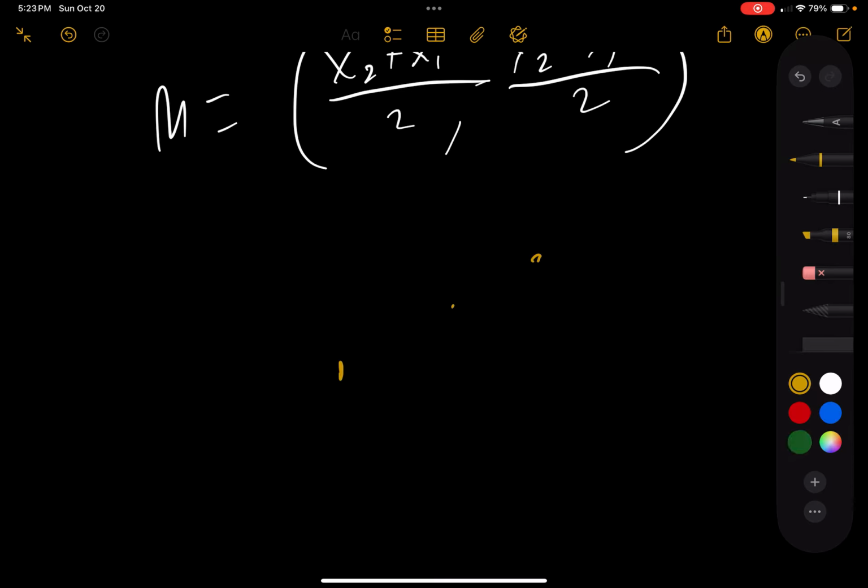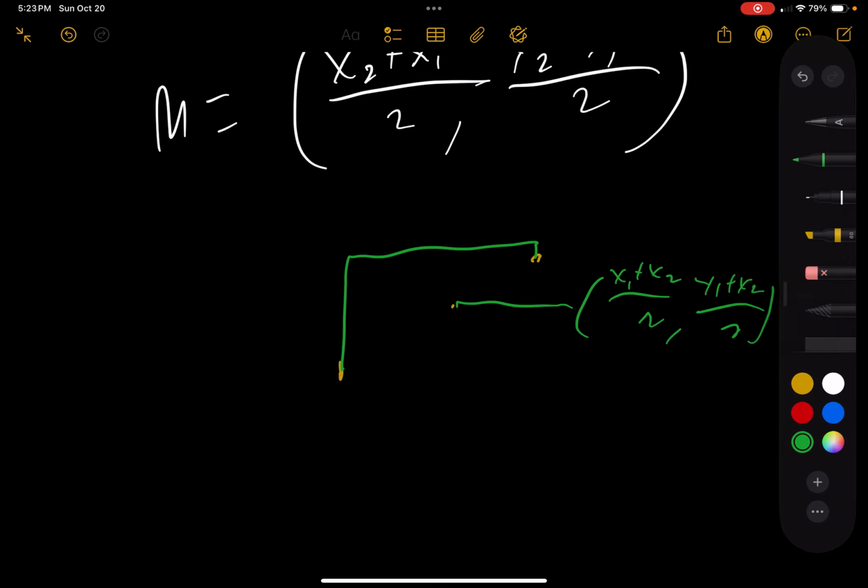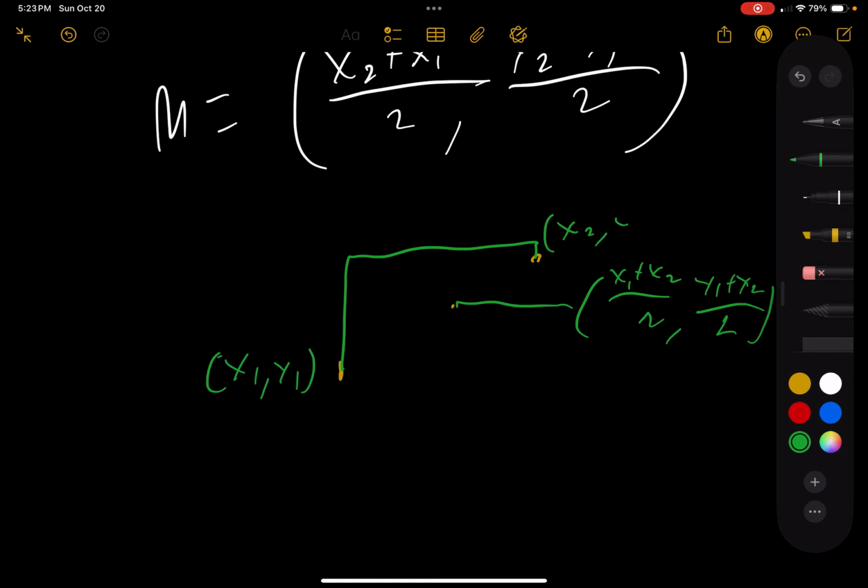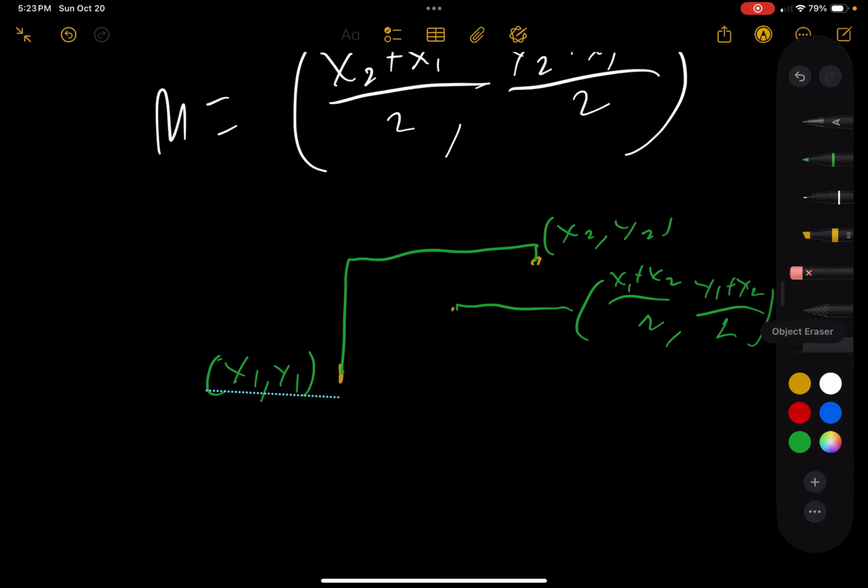Here's a quick diagram I'll try to make. This is x1. This is my good attempt. This is a great attempt, guys. And then we have y1, x2, y2. So that's what it looks like, if you're curious.